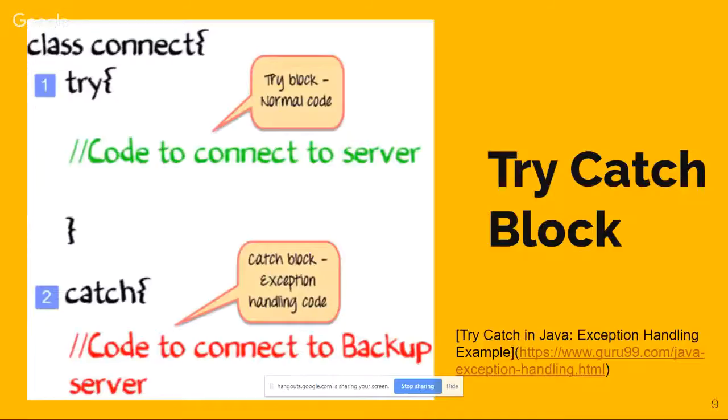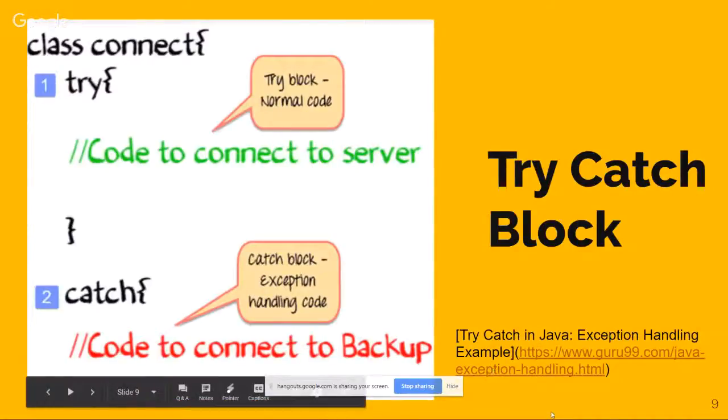So that must be handled in the catch block. So instead of your application stopping unexpectedly, you can manage that exception smoothly. More information about this can be found in the link I am providing at the bottom of the slide.